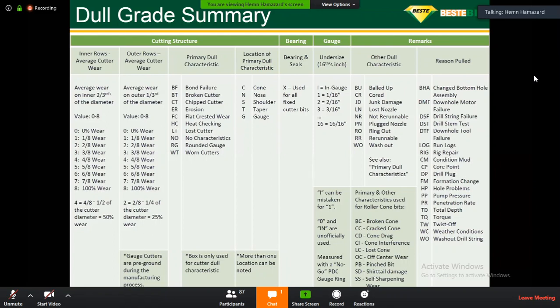That's right. Like Maher said, if you have damage on the bit in all areas, the entire bit body, then you call it A. That means all area.